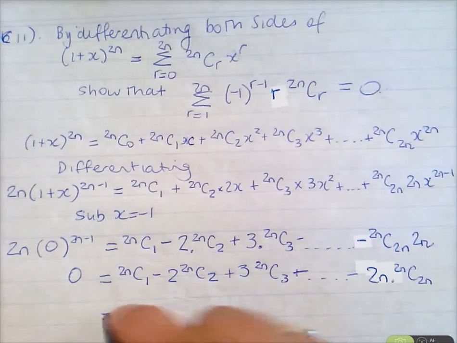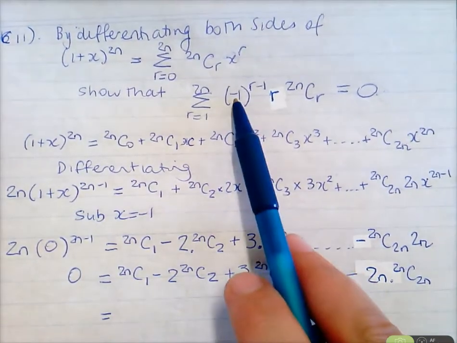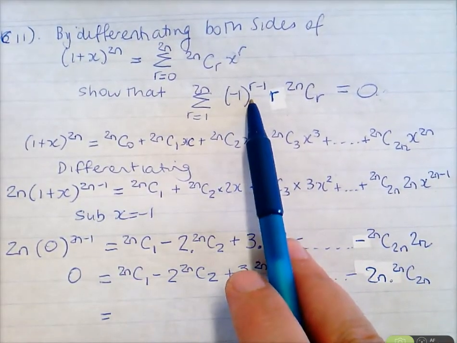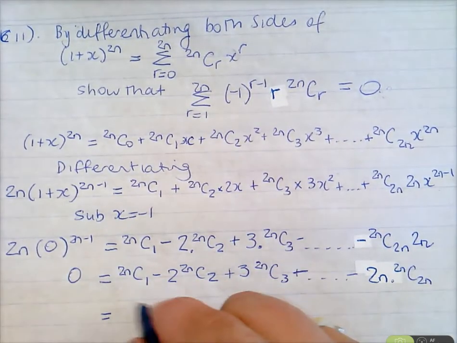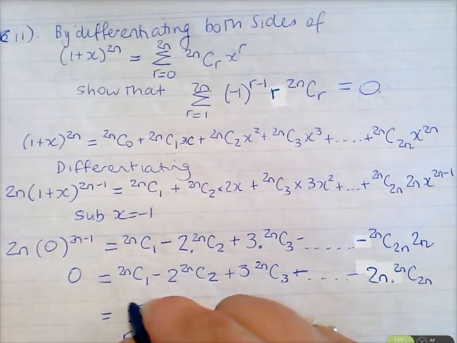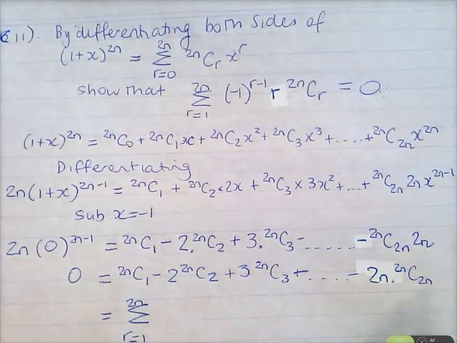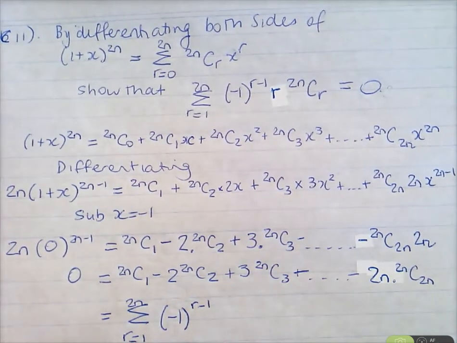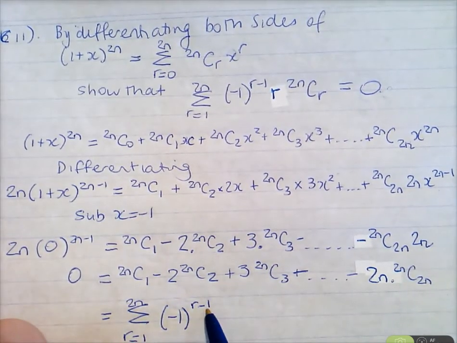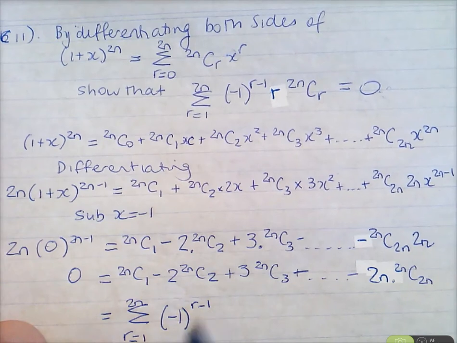So now this is what you do. You go back up to the original and write this in terms of that and just make sure it looks right. Is it the sum from r is 1 to 2n? Yes, it is. Is it -1 to the r minus 1? Let's see. -1 to the 1 minus 1 is -1 to the 0, which is 1.